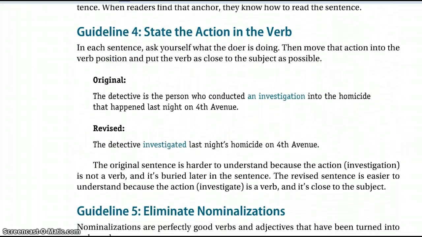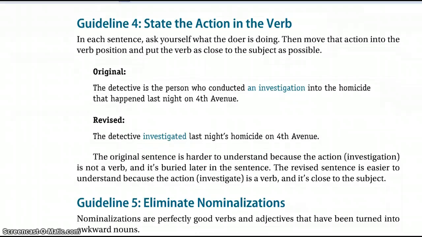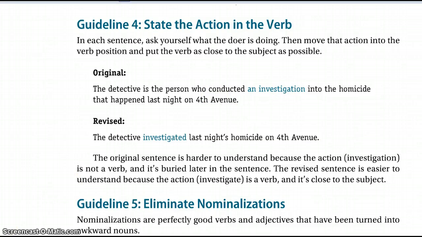We want to make sure that there is action in the verb and it's not passive. A passive sentence just doesn't give us the subject right away. The detective is the person who conducted an investigation. Just put, again, the actor at the very beginning.